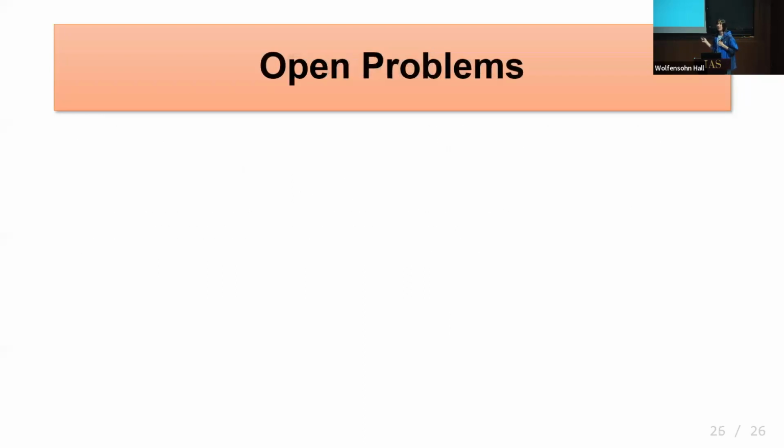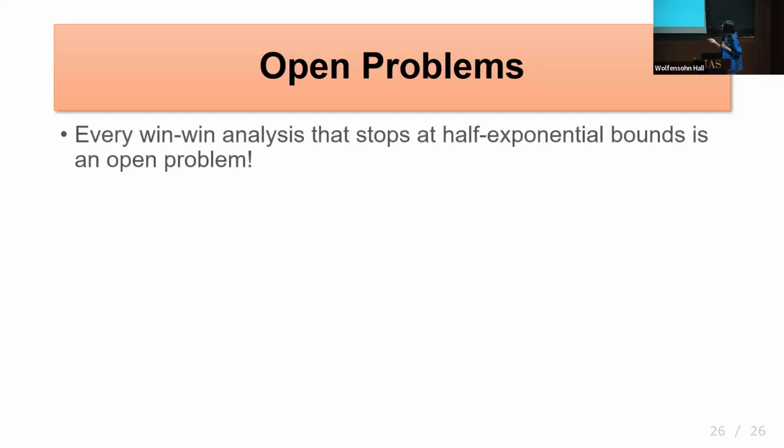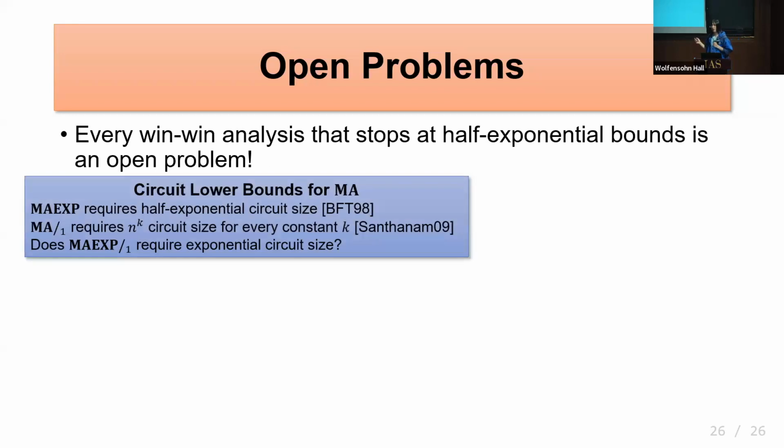And finally, I want to end the talk with some open problems. Basically, every win-win analysis represents an open problem: can we improve it? Here are some pretty major win-win analyses where we are stuck at improving them.